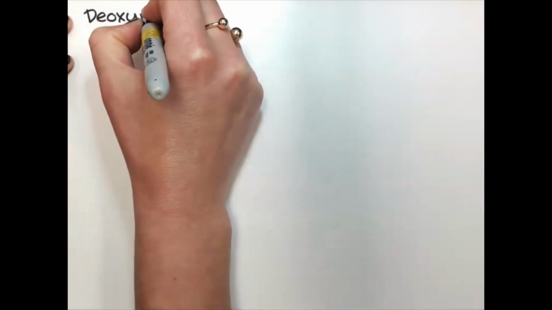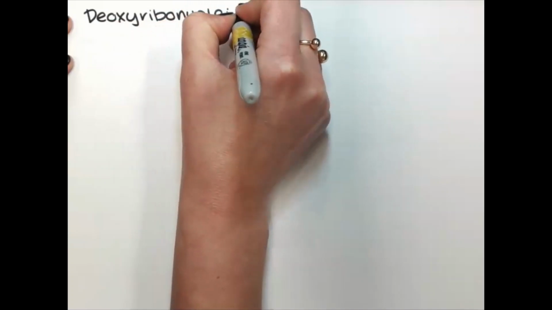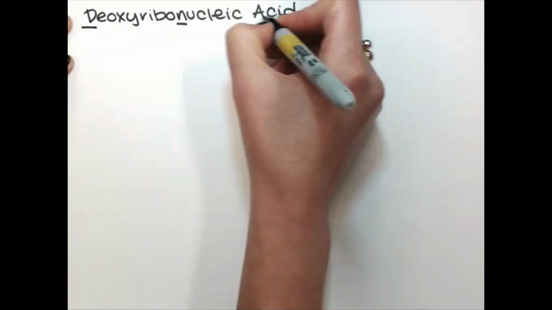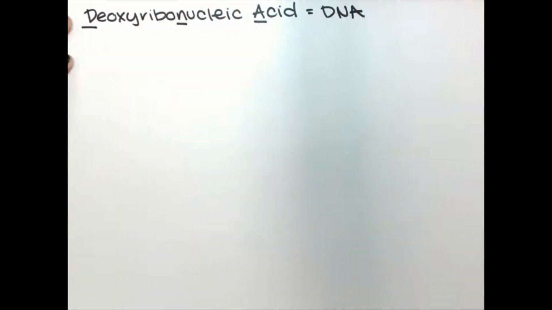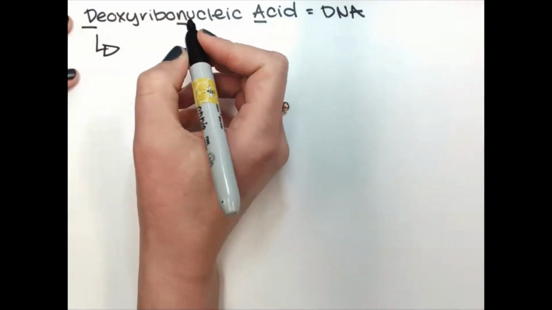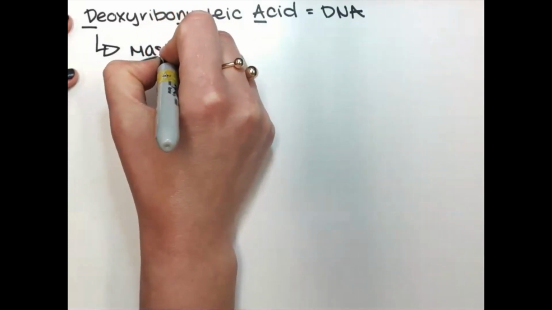So we're going to start out with DNA, which is deoxyribonucleic acid. So DNA. Now DNA is pretty much the master copy of instructions.